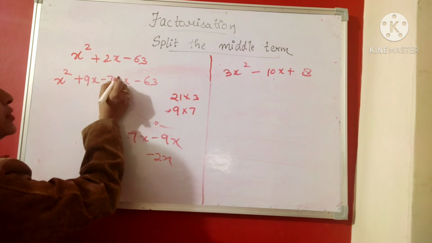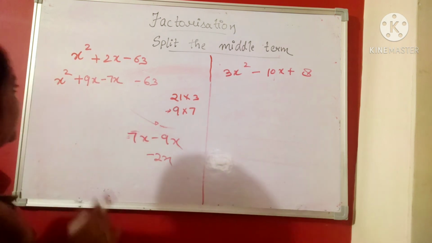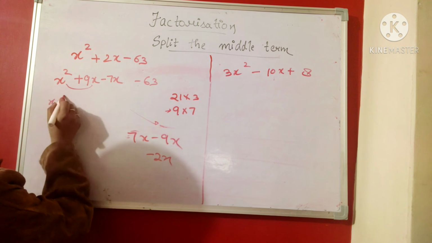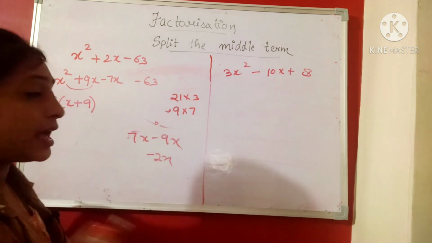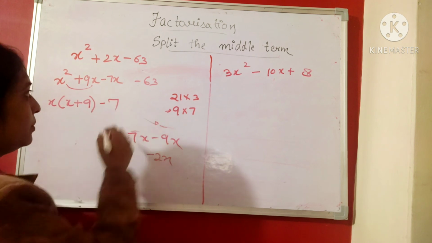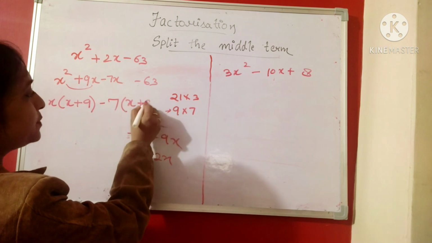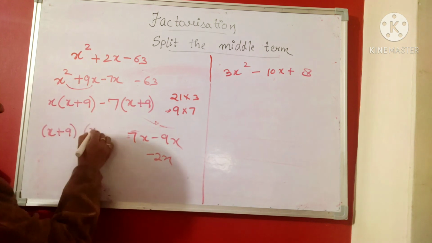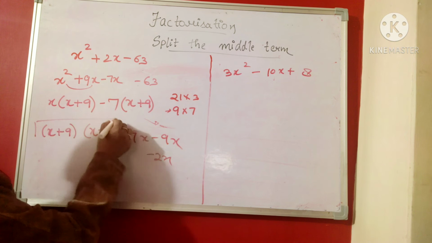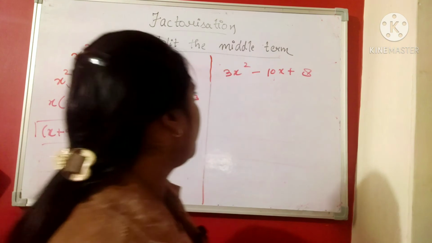Plus 9x minus 7x will come. Now again from these two terms we will have x common, we will be left with x plus 9, and here also we will have minus 7 common, so we will be left with x plus 9, right. Take x plus 9 common and again we will be left with x minus 7, which is the answer.